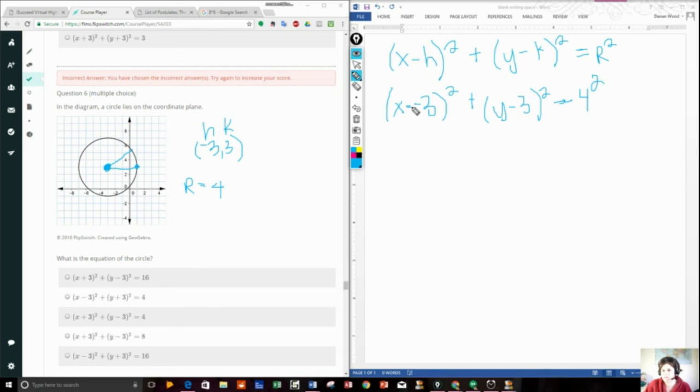Okay, so minus a -3 is a plus, so x plus 3 squared plus y minus 3 squared. That's going to equal 4 squared, which is 16. So there's our equation. So x plus 3 being squared plus y minus 3 being squared equals 16.